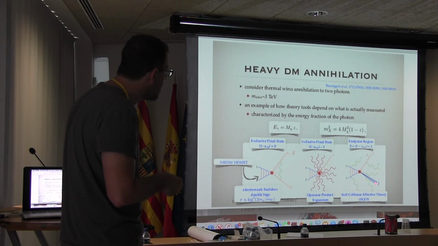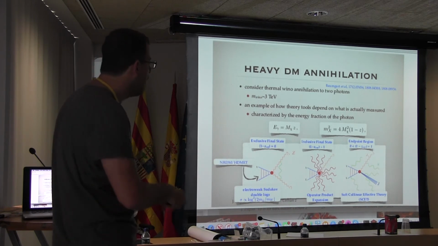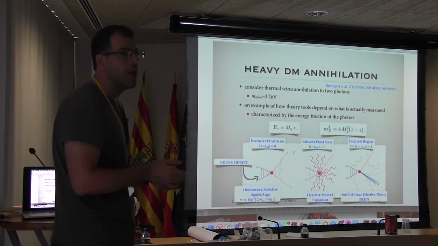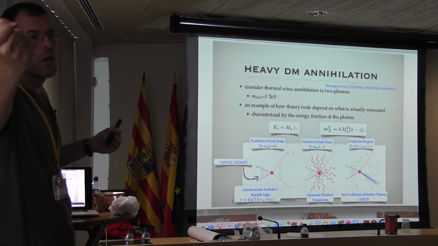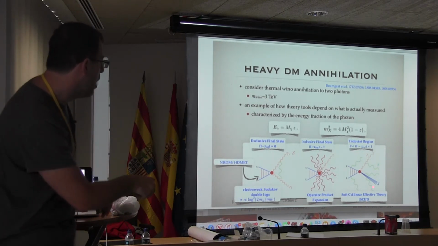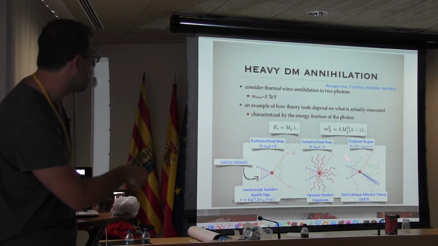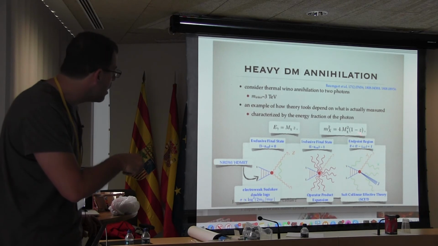And then there is a jet on the other side, plus a soft crab sitting around. So soft W's, and then a very collimated object, for instance, two W's shooting in one direction and a photon in the other. It's a very collimated object. And the mass squared of this object is given by 4 times the mass of dark matter, times 1 minus Z. So when Z goes to 1, this will go to 0.